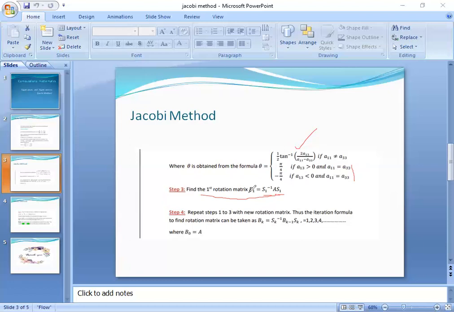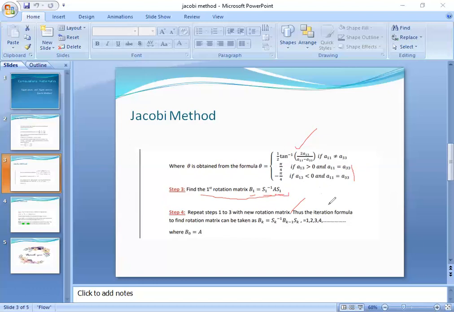So, since this method is an iteration method, the same process is to be done repeatedly. Now, the same process is to be done for the rotation matrix B1 instead of A. That means, again, we follow from step 1 to step 3. If we follow the same procedure for B1, then we can find the second rotation matrix.